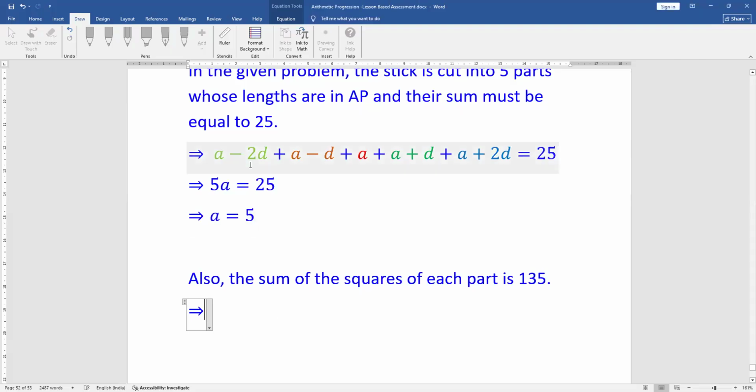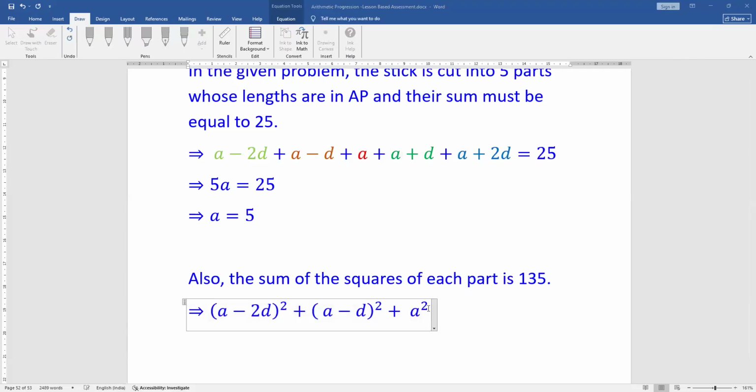First one is a minus 2d whole square, plus a minus d whole square, plus a square, plus a plus d whole square, plus the last one, a plus 2d whole square, which is equal to 135.